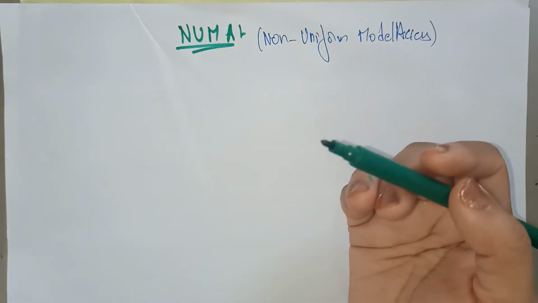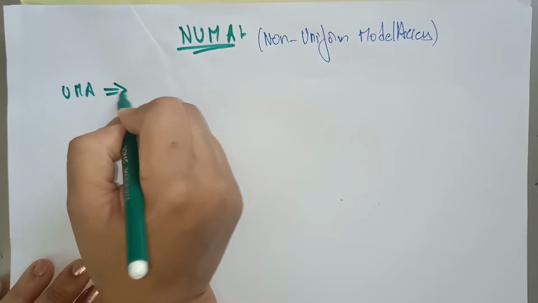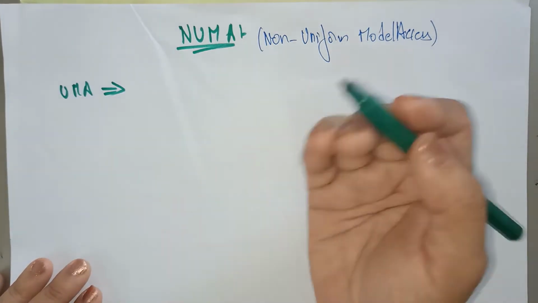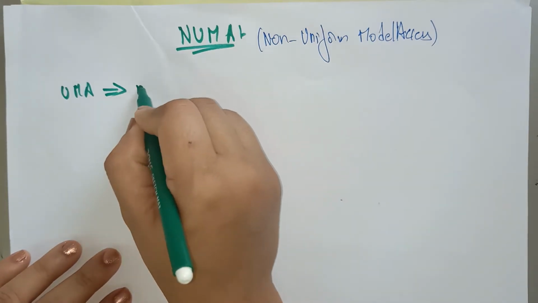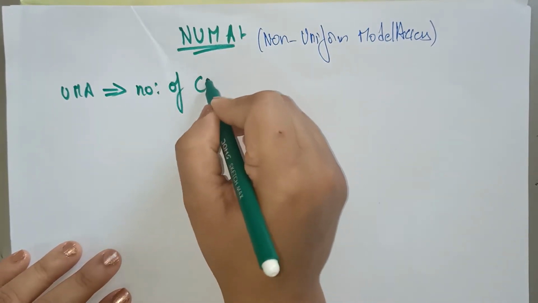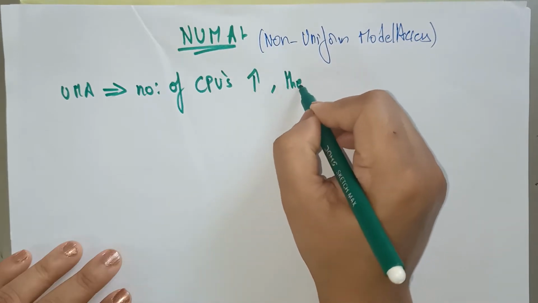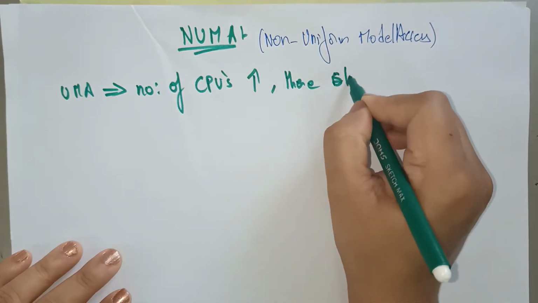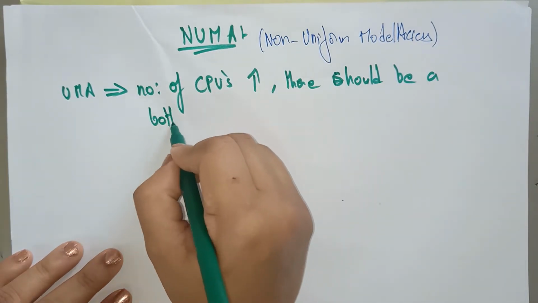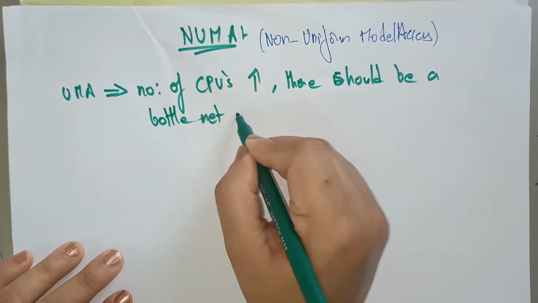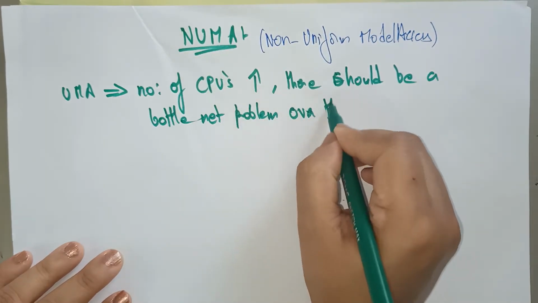The disadvantage in UMA is, if the number of CPUs or processing elements increases, there will be a bottleneck problem over the network.